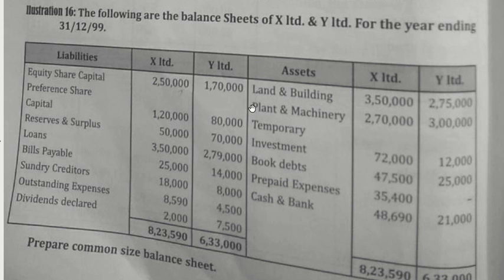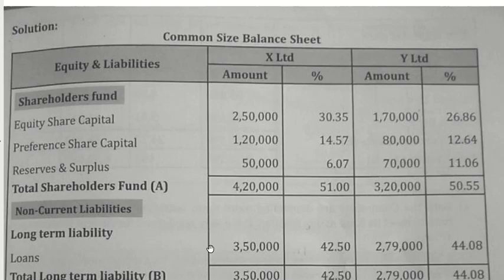For Y Limited, every item will be divided by 6,33,000 respectively, but you will show it in a common size balance sheet, wherein you will subtitle it under different categories. So let's move on to the common size balance sheet.